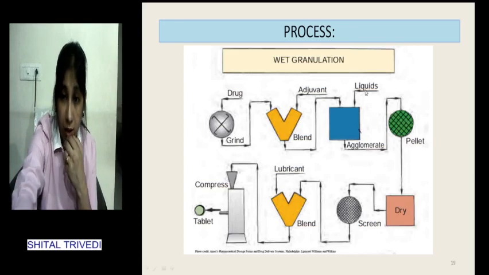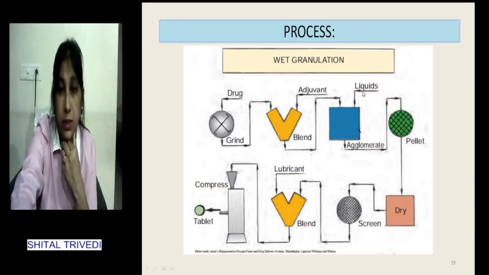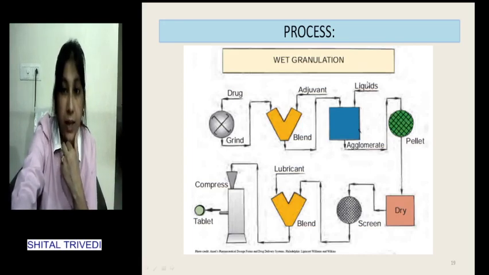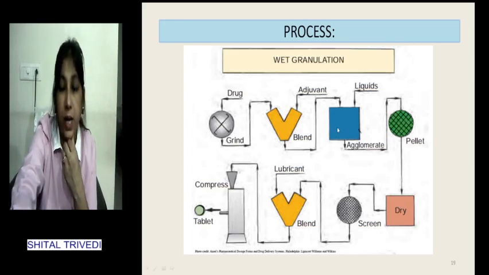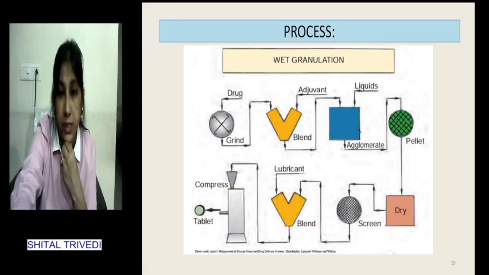And if a large quantity of liquid is permissible, then the binder can be dissolved or dispersed in the granulating fluid, and then the solution or suspension can be added into this dry mix to get the wet mass of the powder. So the wetting property of the powder is very important for the granulation stage.